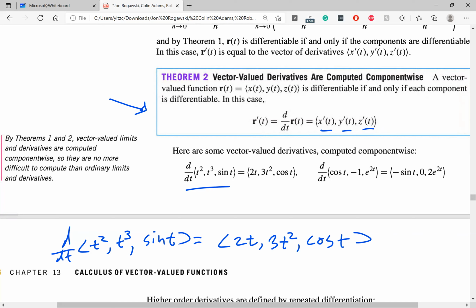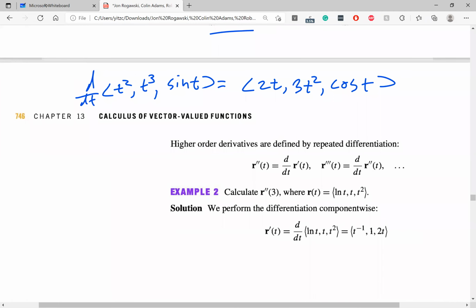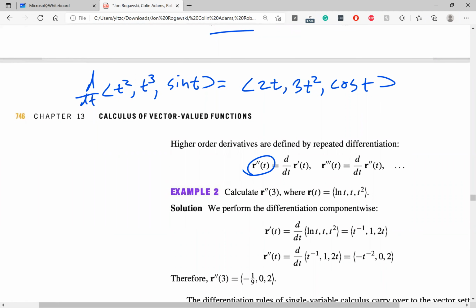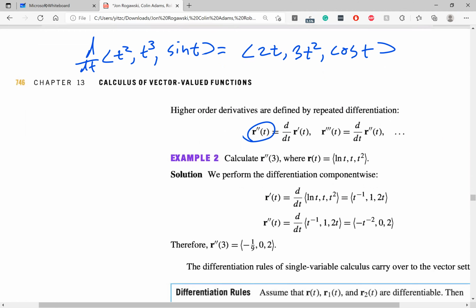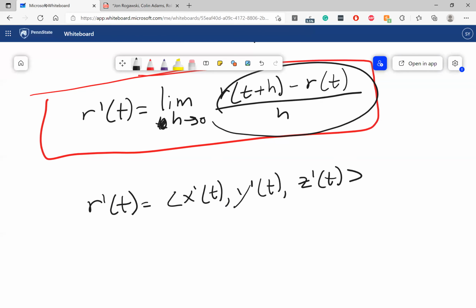Right? Because we just do the derivative of each component. And you can do this yourselves. And the second derivative is just the second derivative of each component, and the third derivative is the third derivative of each component. So they ask us to calculate for r of t is ln of t, t, and t squared.